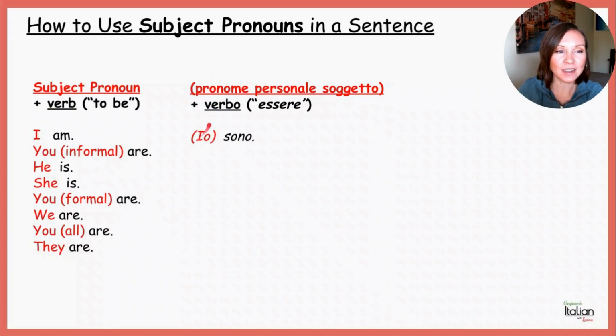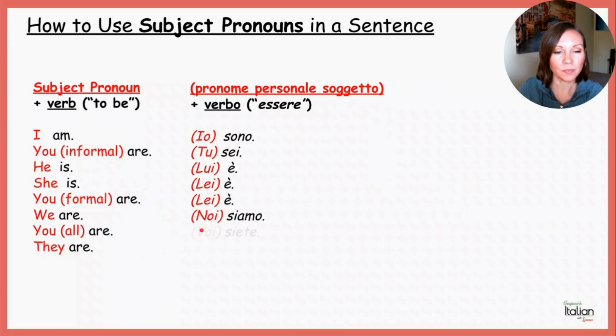So in this case, the verb I use is to be. So in Italian, the verb is essere, to be. So io sono is I am, io sono. Tu sei, lui è, lei è, lei è. Okay, again, these are the same, but one means she and one means you, formal.